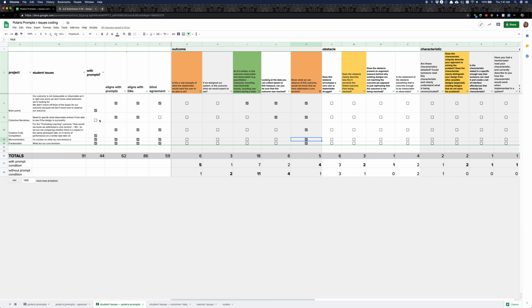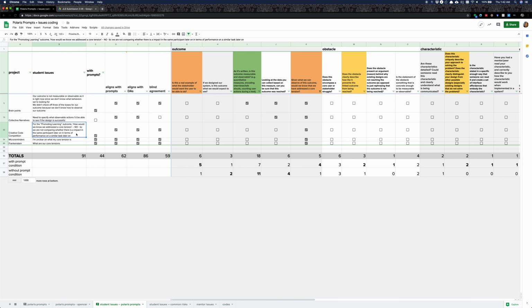So for example, for this one, I guess this is kind of self-explanatory, but the issue that the student recognized was that they're not actually measuring a pre-post to see if there was some sort of impact on the participants' behavior for the same task.